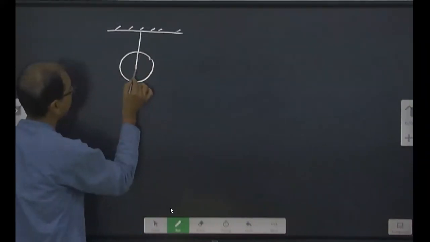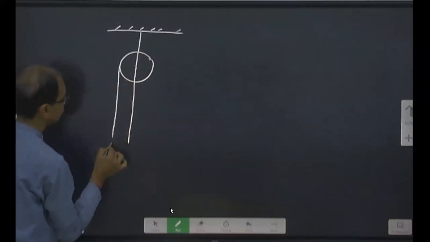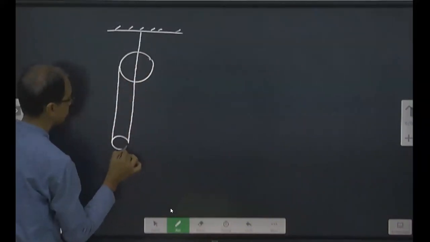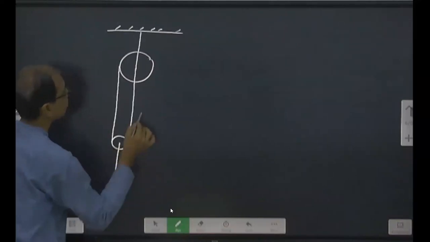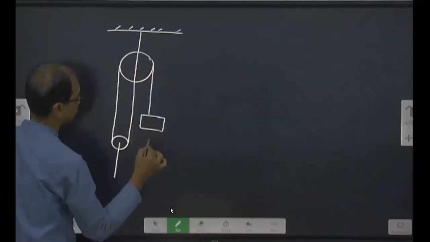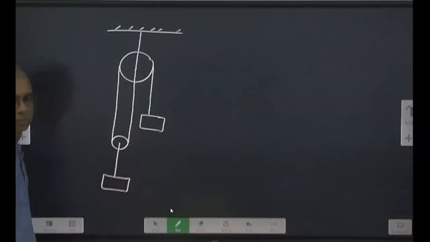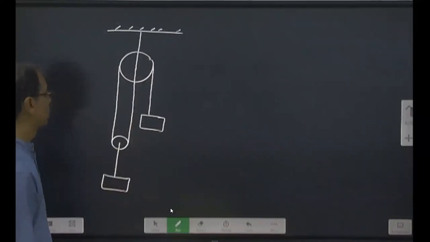See, it's like this. Okay, this way the connection is given.